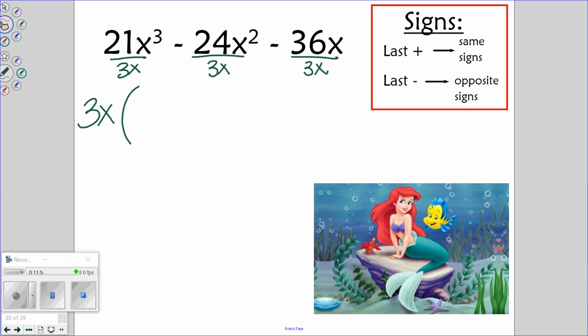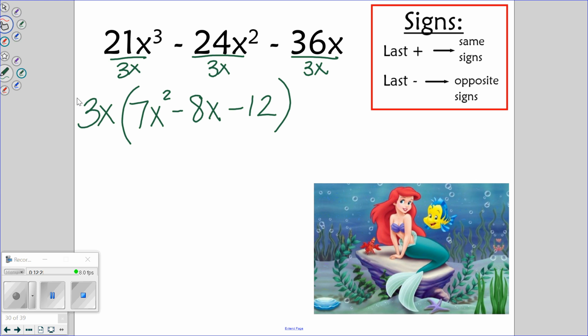All right, so if I take out a 3x, we divided everything by 3 and took out an x from everything. Divide by 3, don't subtract 3. Oh, yeah, take that x out as well.